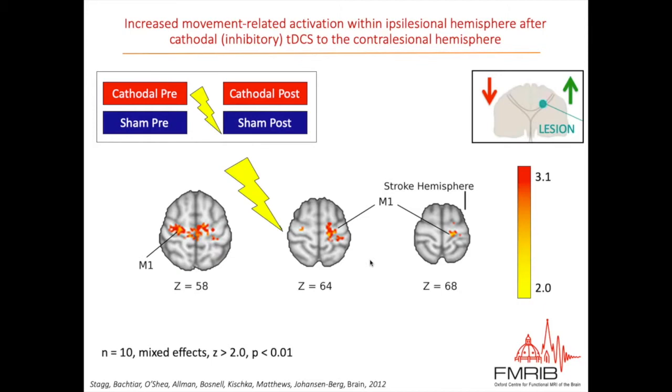But the really interesting thing about doing this in the scanner with brain stimulation is we can go a step further. And this comes back to the first thing I was saying about causal relationships. We can say, okay, yes, there are group mean activity changes, and that's interesting, and they're in the kind of regions we think they probably should be for movement-related things.